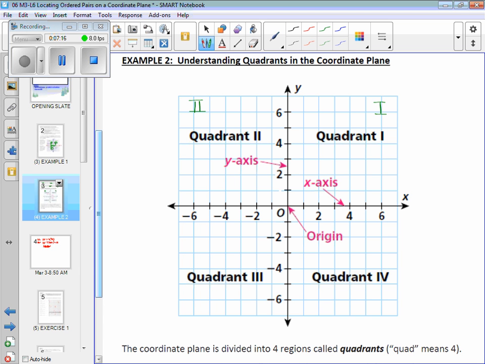Then, opposite the hands of a clock, we now go to lower left, and that's 3. And then finally, the last one is quadrant 4, the Roman numeral IV, which stands for 4.